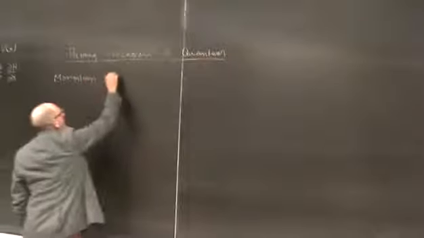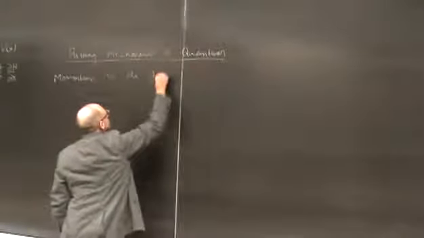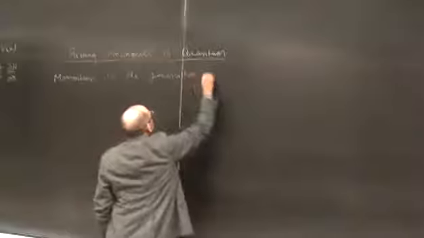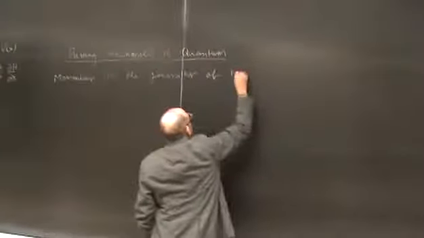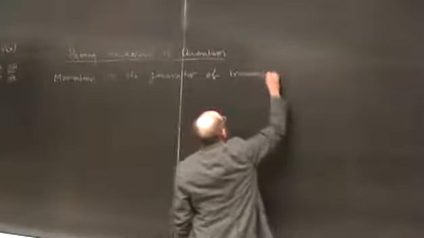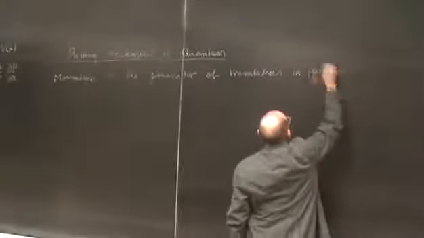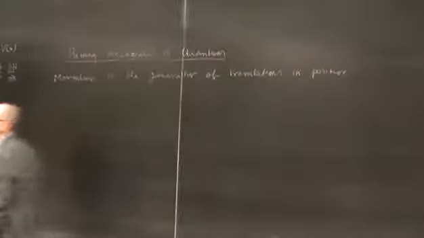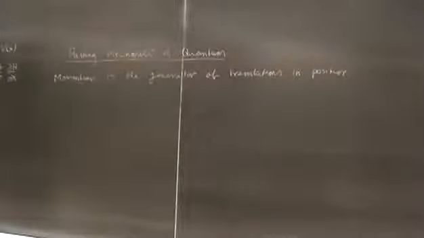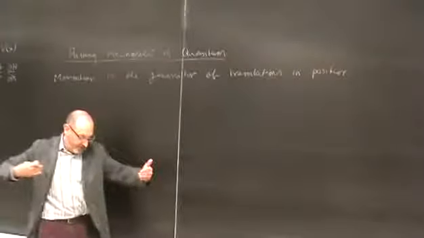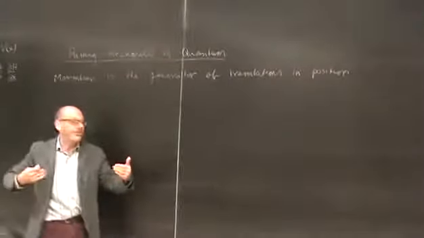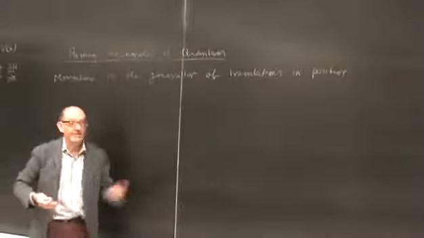Okay? And so what we discussed is that momentum is the generator of translations in position. That follows from Noether's theorem, which says that if we have a translationally invariant system, if there's no difference in the system as a function of position in space, then momentum is conserved.